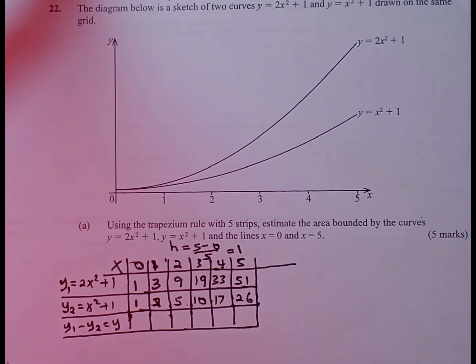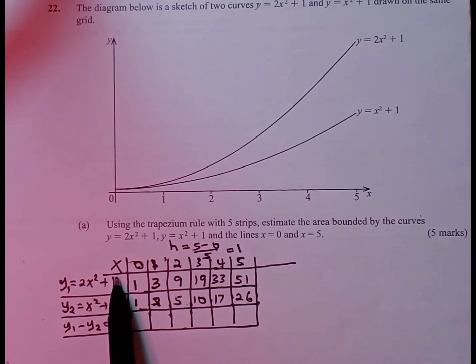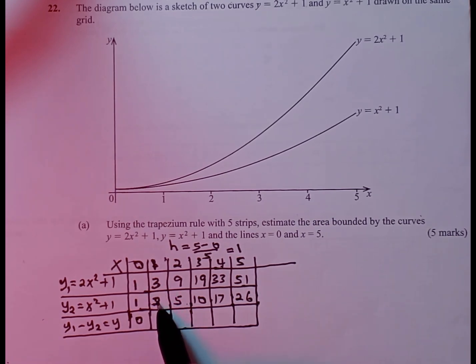From there we can proceed and get the difference between the two curves, that is, taking y1 minus y2. 1 minus 1, you get 0. 3 minus 2, you get 1. 9 minus 5, you get 4. Then 19 minus 10, you get 9. 33 minus 17, you get 16.